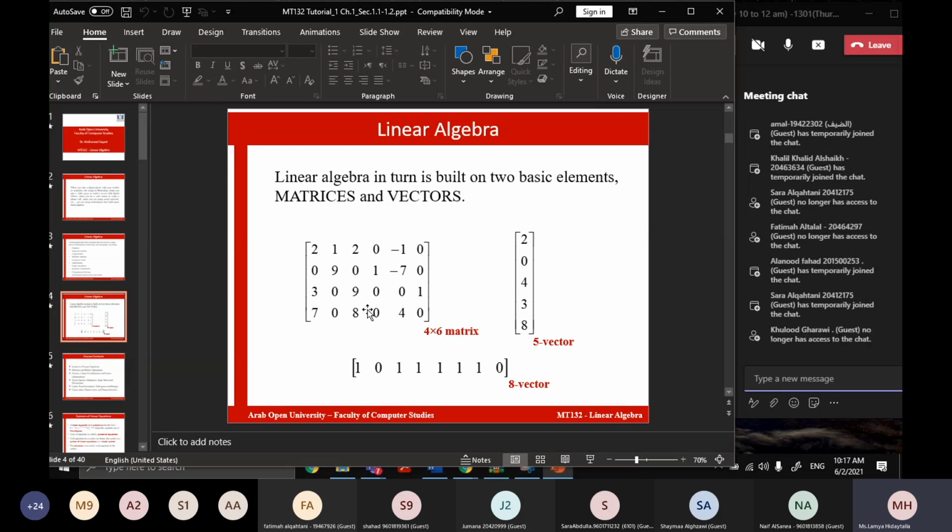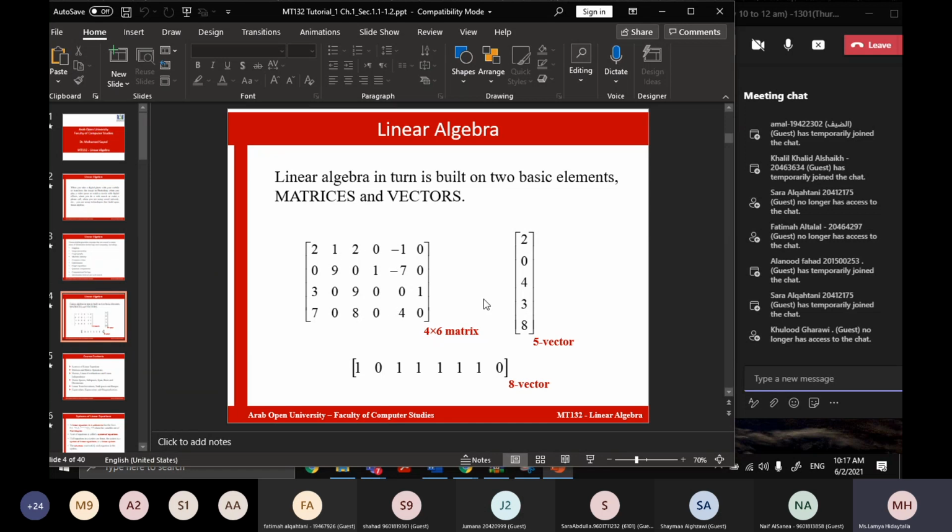So what is a matrix? It is a rectangular array, with any number of rows and any number of columns. The number of rows doesn't always need to be equal to the number of columns; they could be different. This is why we say rectangular.